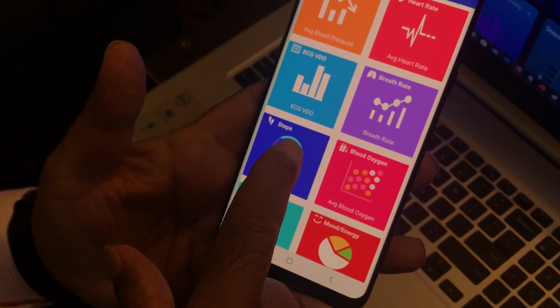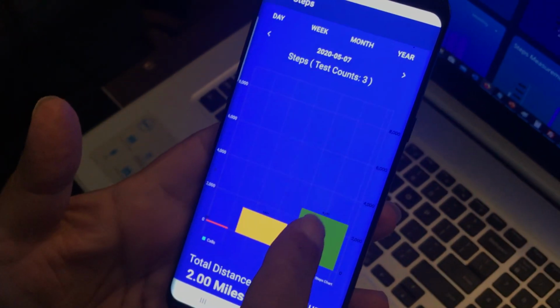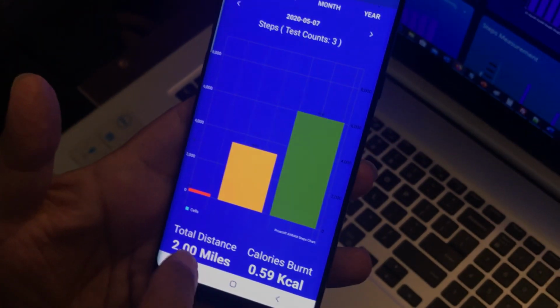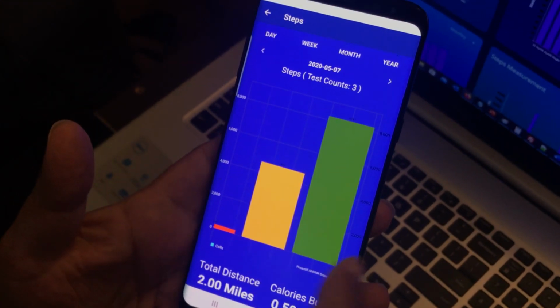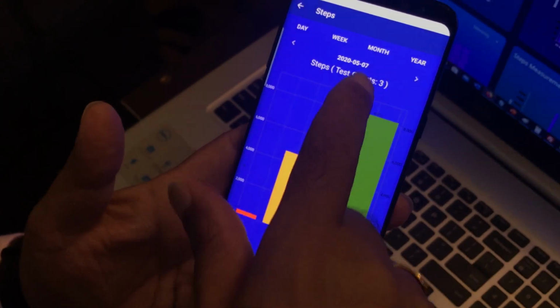Now let's look at the physical activity, which gives you not only the step count during the day but even the total distance either in miles or in kilometers, and based on the setting, the calories that you have burnt.